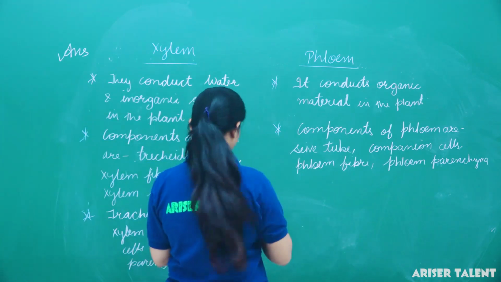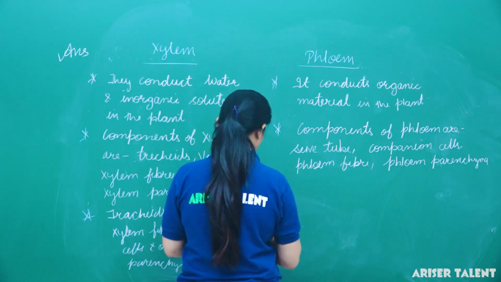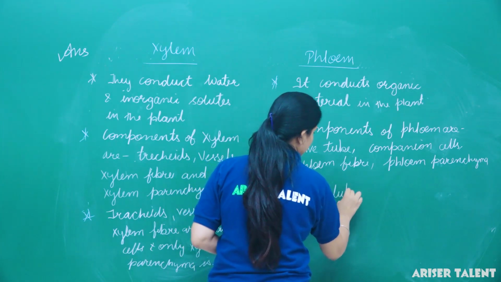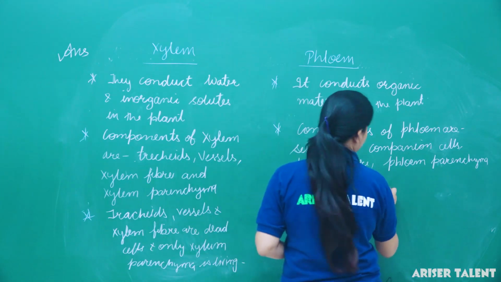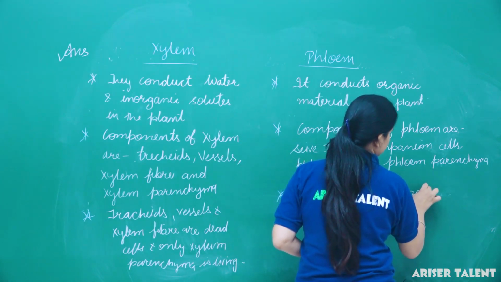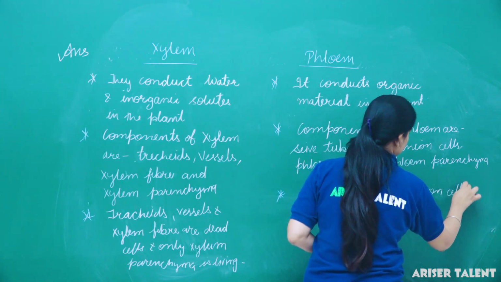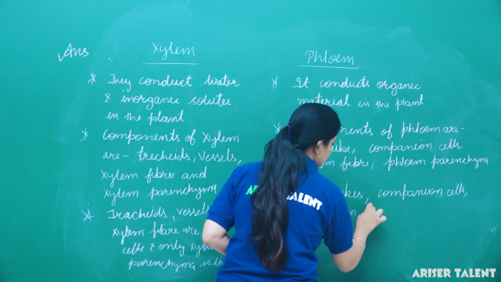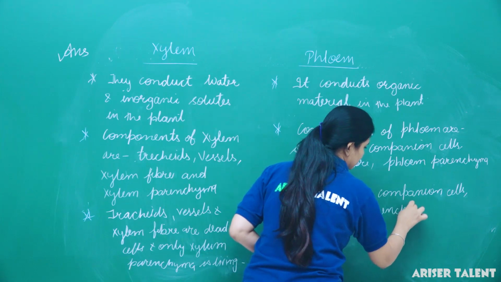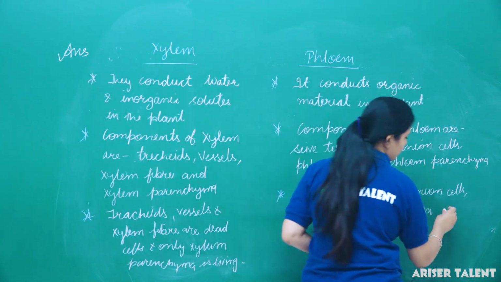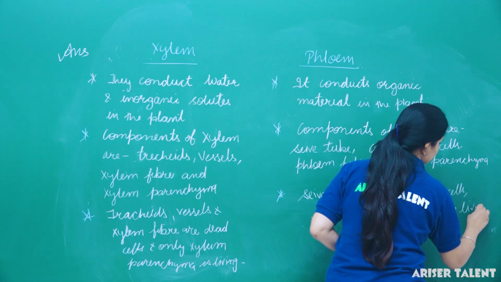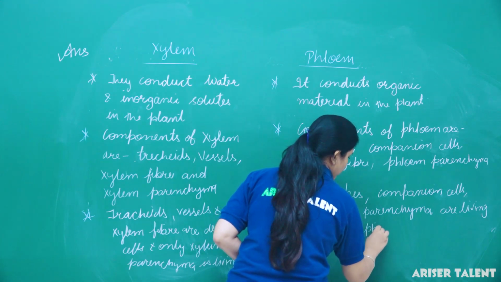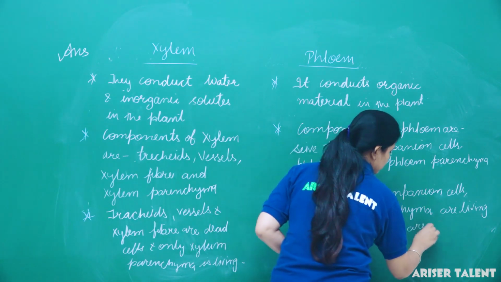And here sieve tubes, companion cells, and phloem parenchyma are living. Only phloem fibers are dead.